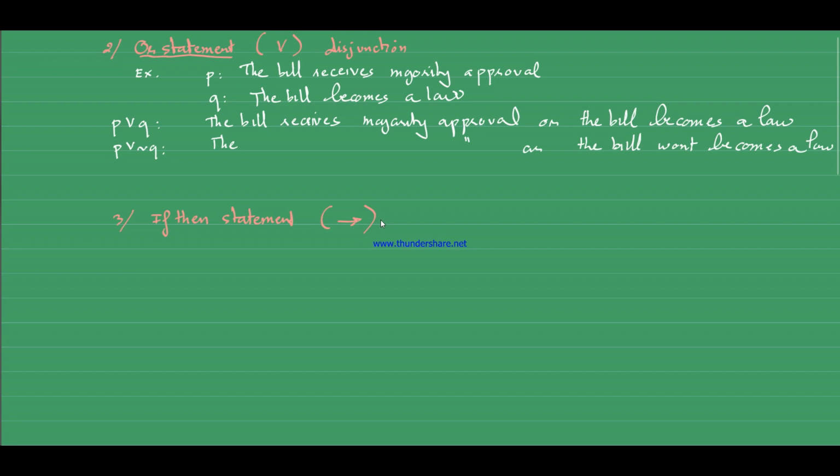So P arrow Q. For example, let me pick something easy for you.